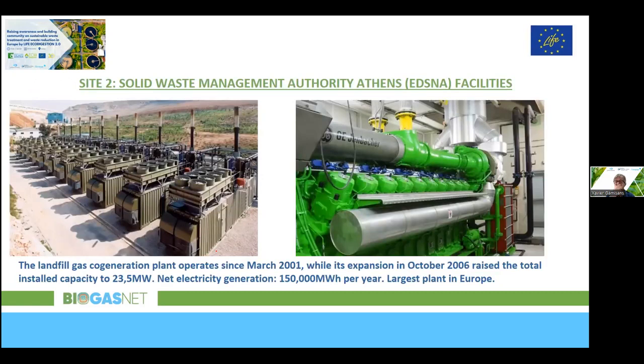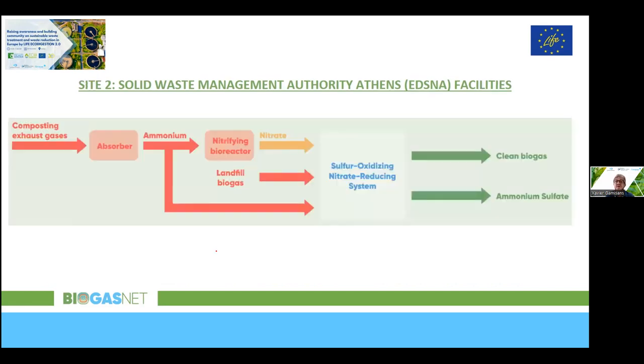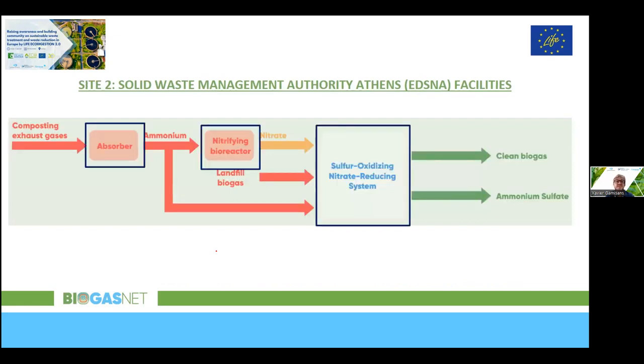So now the prototype will be moved to Athens, to another landfill, which is probably the largest landfill and has the largest cogeneration plant in Europe, and we will try another configuration of the system. The main difference is that now, as nitrogen source, we will use composting exhaust gases, which are rich in ammonia.